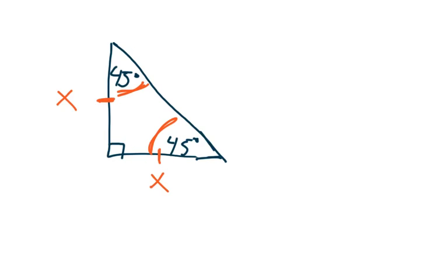And then the hypotenuse is always going to be square root of 2 times whatever value x is. Long story short, the ratio between the sides is always going to be square root of 2. And if I have to go backwards from the hypotenuse to the shorter sides, I'm going to divide by square root of 2.